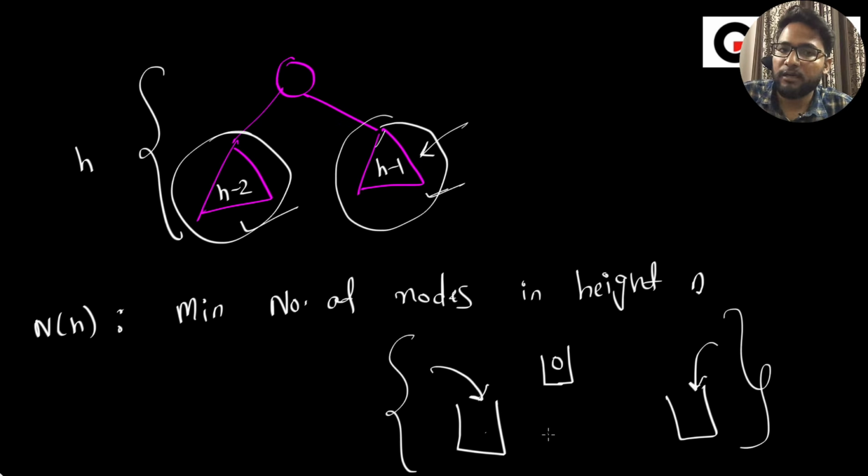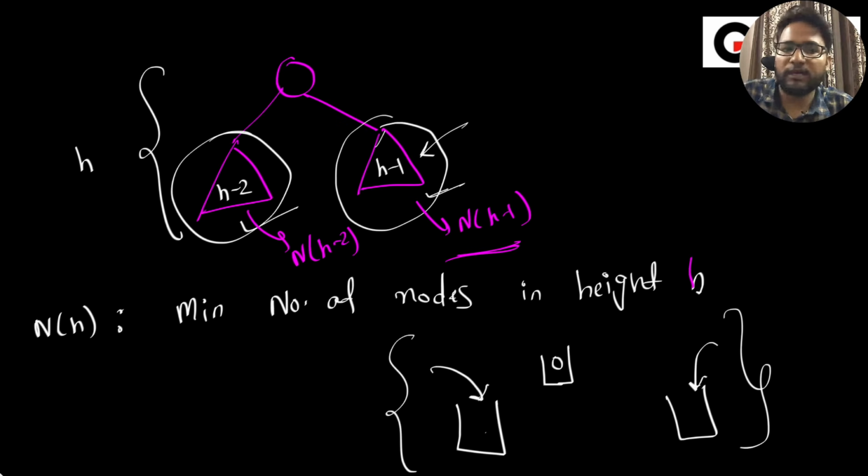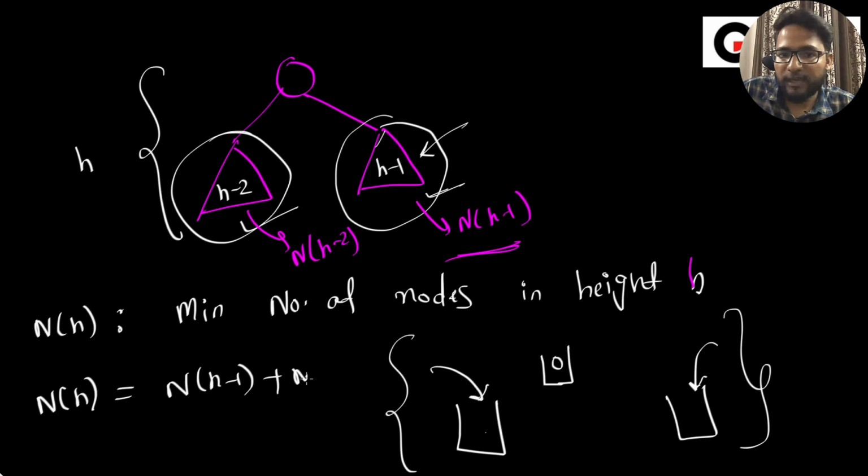Obviously, right? So basically, if nh is the minimum number of nodes of height h, then what will be the minimum number of nodes here in h minus 2? You will be saying nh minus 2, and here it will be nh minus 1. Now, can you derive me the recurrence formula? Yes, it is right if you are thinking about this, which is nh minus 1 plus nh minus 2 plus 1.